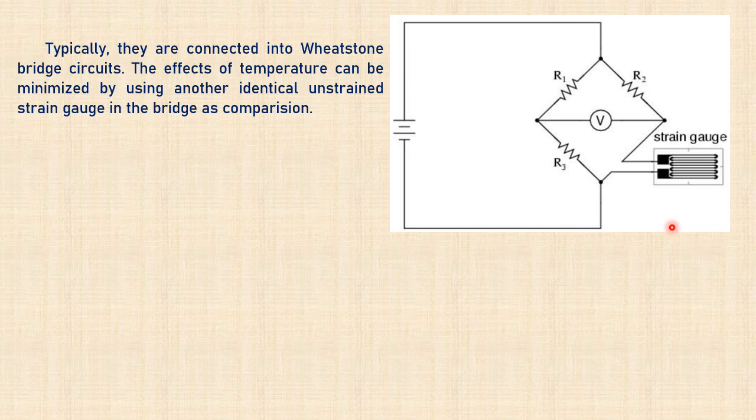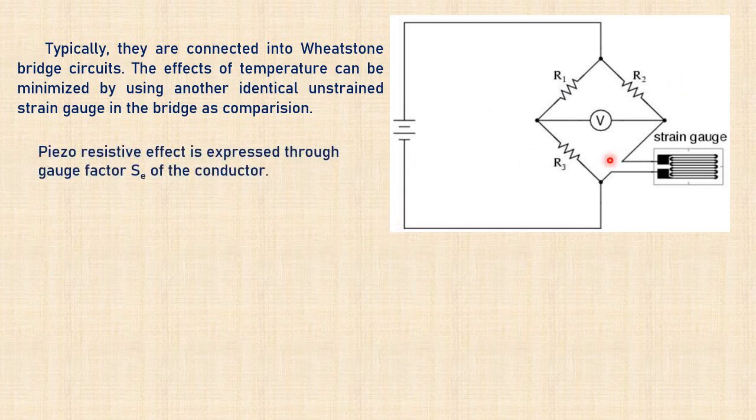So now the effects of temperature, if any, can be minimized by using another identical unstrained strain gauge in the bridge as comparison. So if I want to minimize the effects of temperature, I replace R2 with another identical strain gauge. So now we have this piezoresistive effect working here, as we already mentioned before.